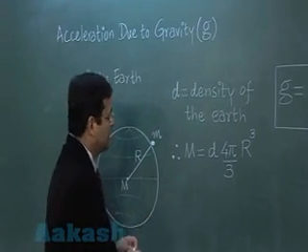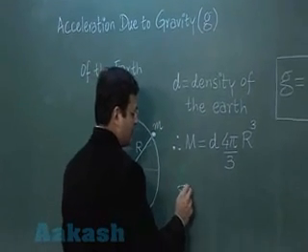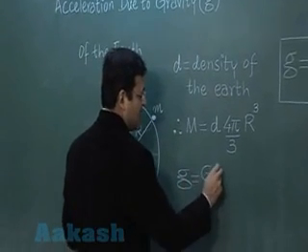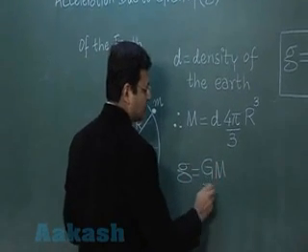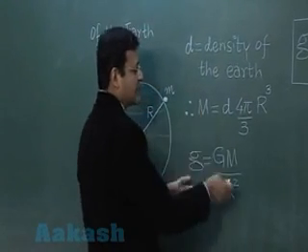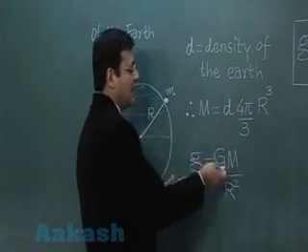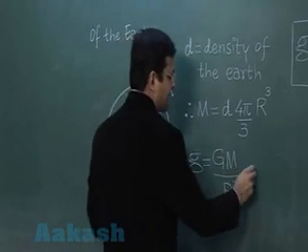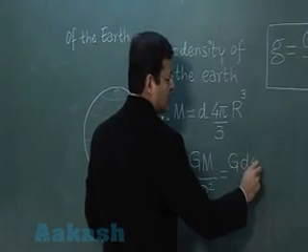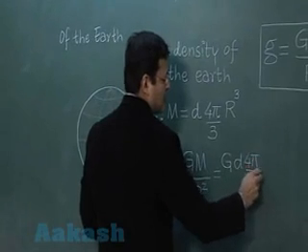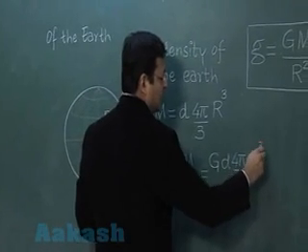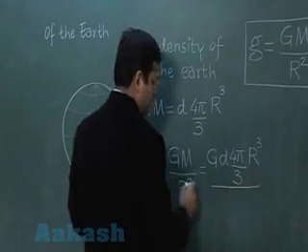Now, in this expression of acceleration due to gravity, which is GM by r square, if you substitute for this capital M, you will get G into D into (4 pi by 3 r cube) upon this r square.